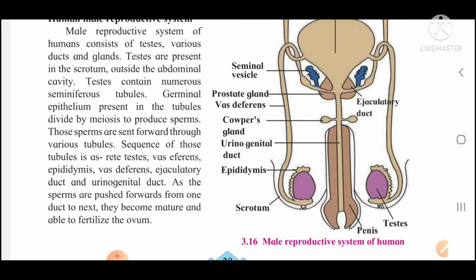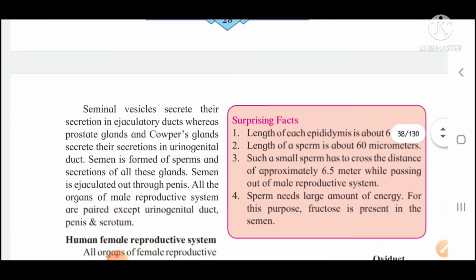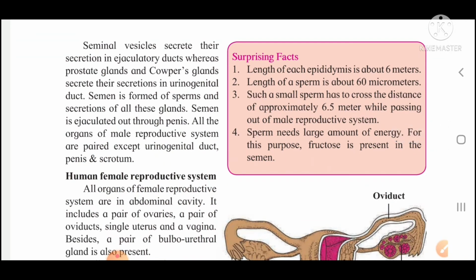From this pipe it will enter the prostate, then the ejaculatory duct. From the ejaculatory duct it will enter the Cowper's gland. From Cowper's gland it will come to the urinogenital duct, and finally it enters the penis. तो पूरा travel करके उनको जाना है, मतलब almost 6.5 meters उनको travel करना है. किसको? Sperm को. And then it will come out from the penis.